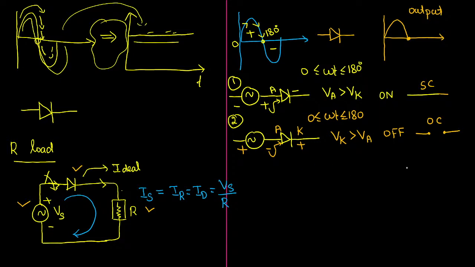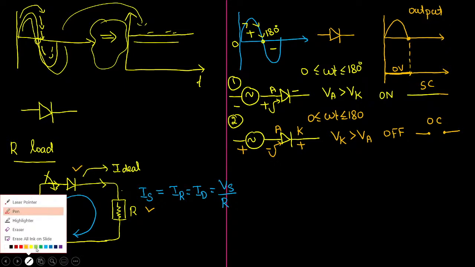So here the conclusion is, in the same positive zone, if I draw the waveform for the diode, what you can observe here is that in the positive half from 0 to 180 degree, there will be no drop across the diode. So I can say the voltage drop across the diode will be 0. Why? Because the supply voltage will be transferred to the output. What about after 180 degree? After 180 degree, the diode is acting as an open circuit.